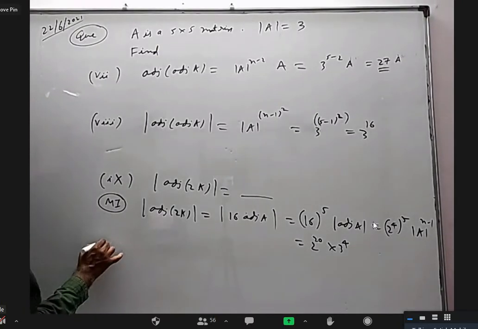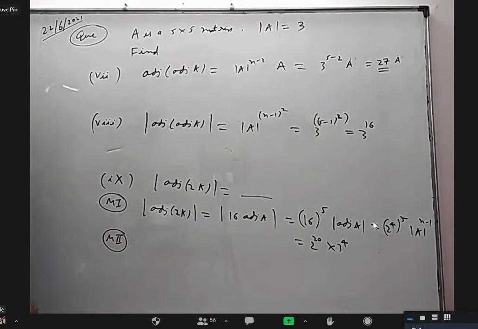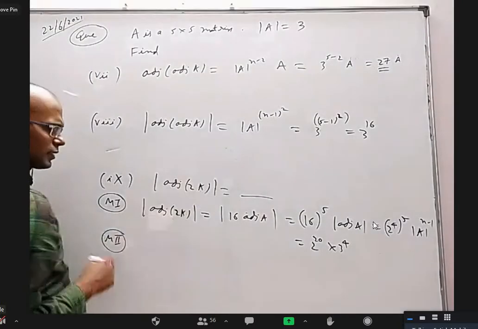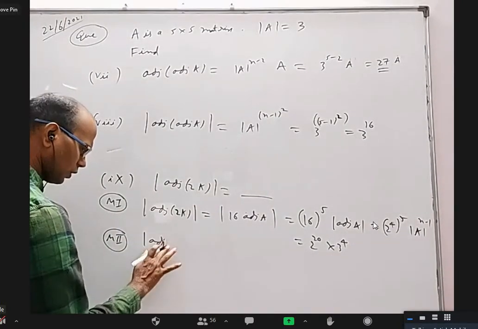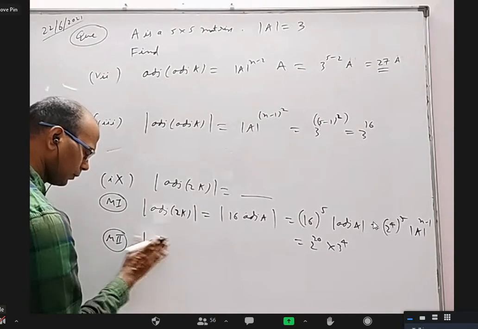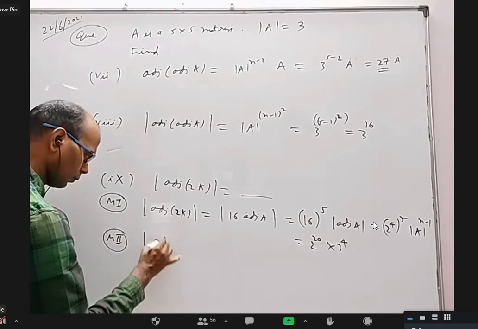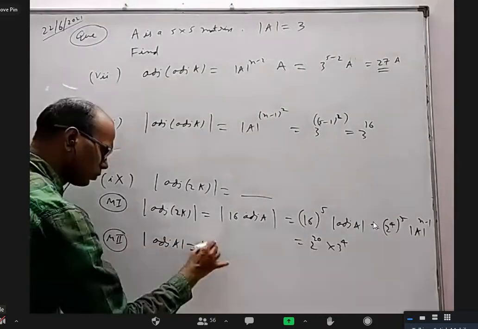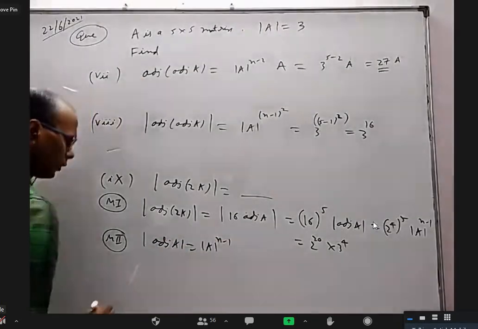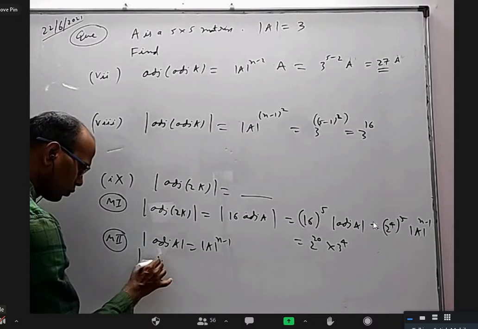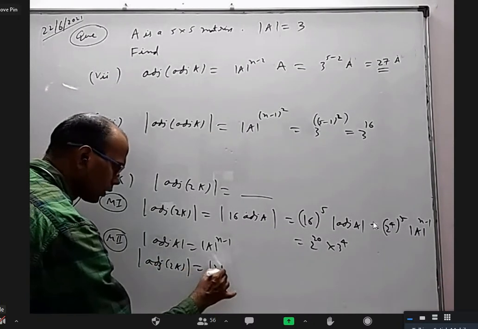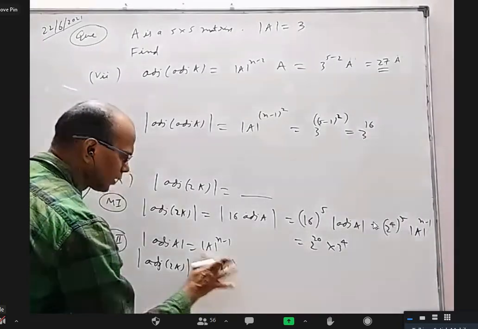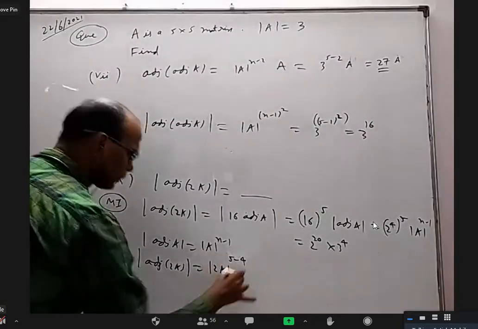Another way to do this is: det of adjoint A is det A power n minus 1. Like that, det of adjoint 2A is equal to det of 2A power n minus 1, that is 5 minus 1.